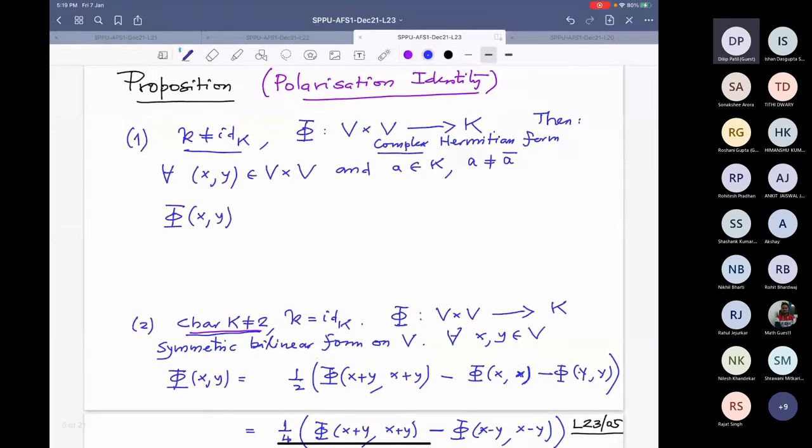So what will this be? This will be equal to, I will adjust the scalar later, phi of (ax plus y, ax plus y). We want the diagonal terms only.